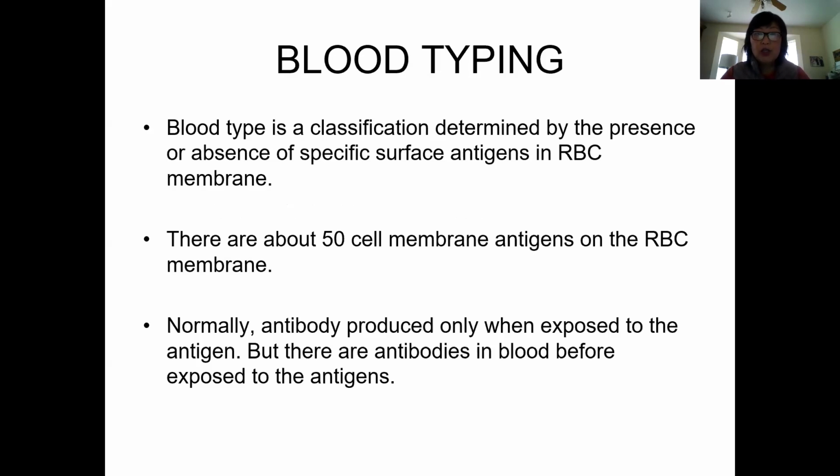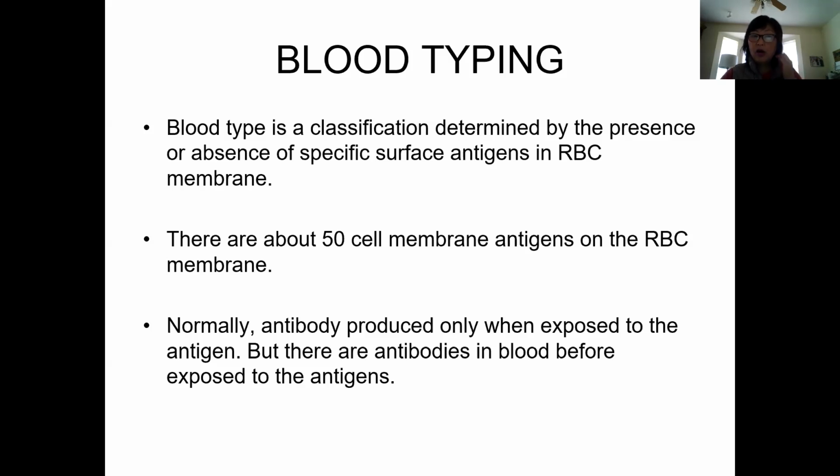Okay, so here we go, the blood typing. Blood type is a classification determined by the presence or absence of specific surface antigens in red blood cell membranes.